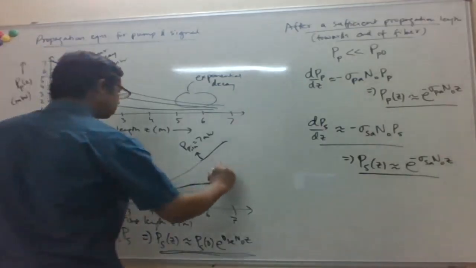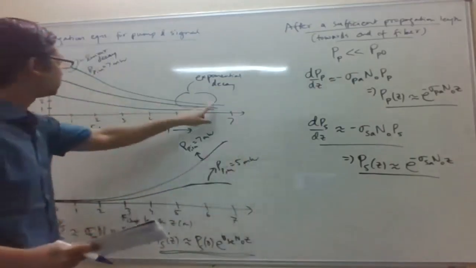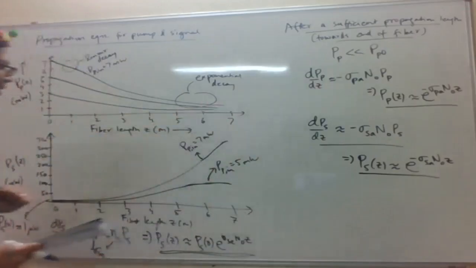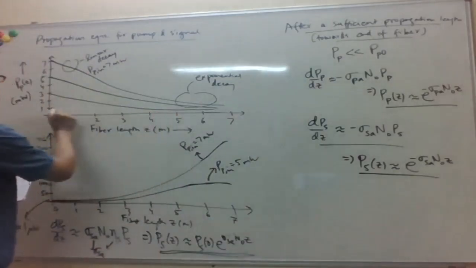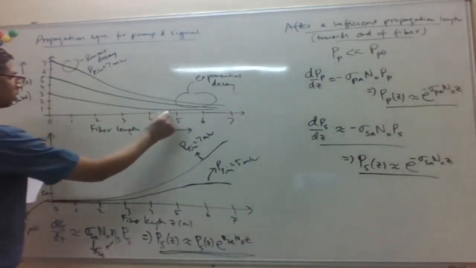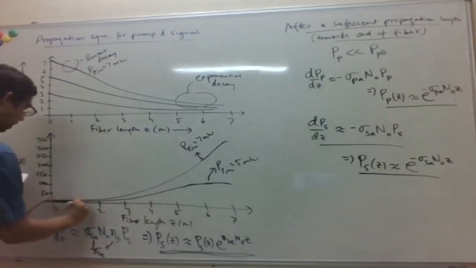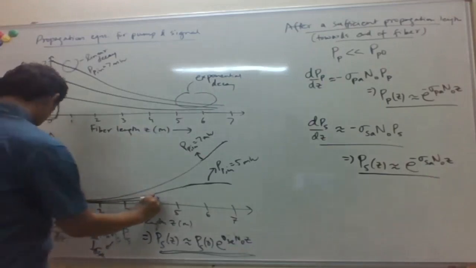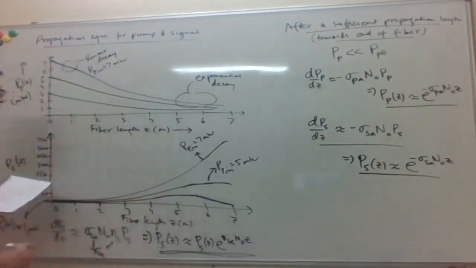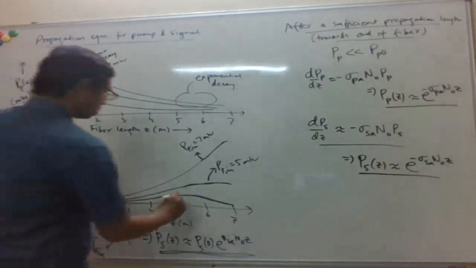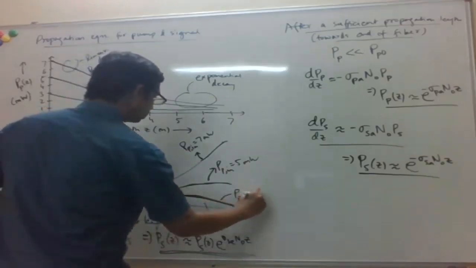This is for 5 milliwatt. For 5 milliwatt, it just starts to reach PP naught around 6-7 meter length. And for 3 milliwatts, it's already below 1 milliwatt beyond 4-5 meters. So for that, the signal actually starts falling down. This is for 3 milliwatt.